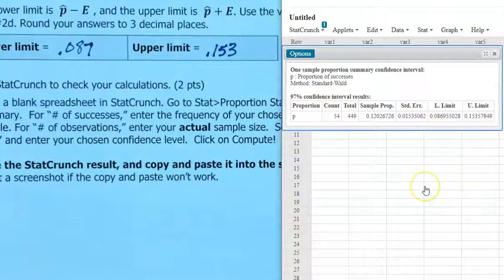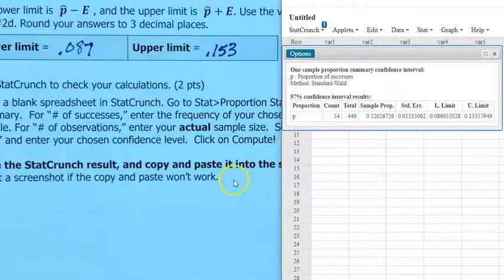When I did the calculations by hand, I came out with 0.087 and 0.153. And for these two, if I round this one to 3 decimal places, I get 0.087. And if I round this one to 3 decimal places, I actually get 0.154, but it's very close to the 0.153. That's close enough that I can assume that that's correct.